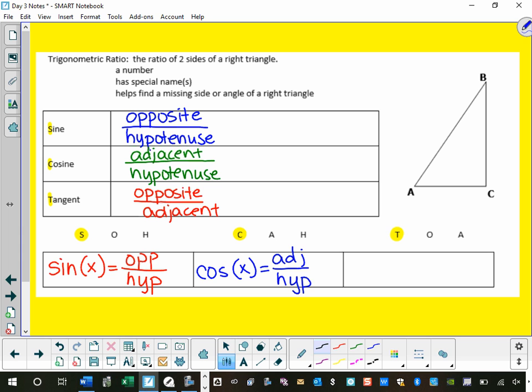Alright, adjacent over hypotenuse. The last one is tangent, so that's going to be tan of whatever angle I have. And that TOA is O divided by A. What is my O? Opposite divided by adjacent. Good.